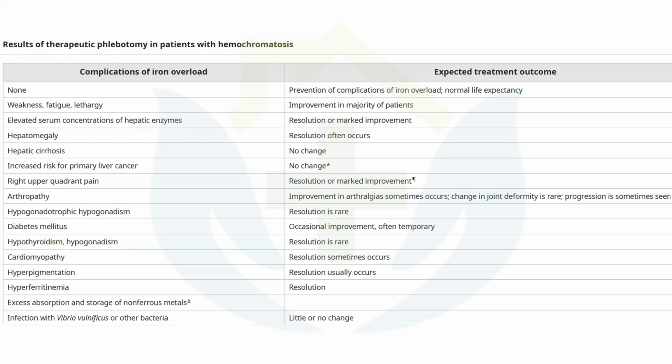This is important to know, that if irreversible damage has already happened, it will not come back. In other cases like cardiomyopathy, some resolution will happen. Hyperpigmentation will also resolve. And obviously if it is just raised enzymes and not much damage has happened, that will also markedly improve and resolve.